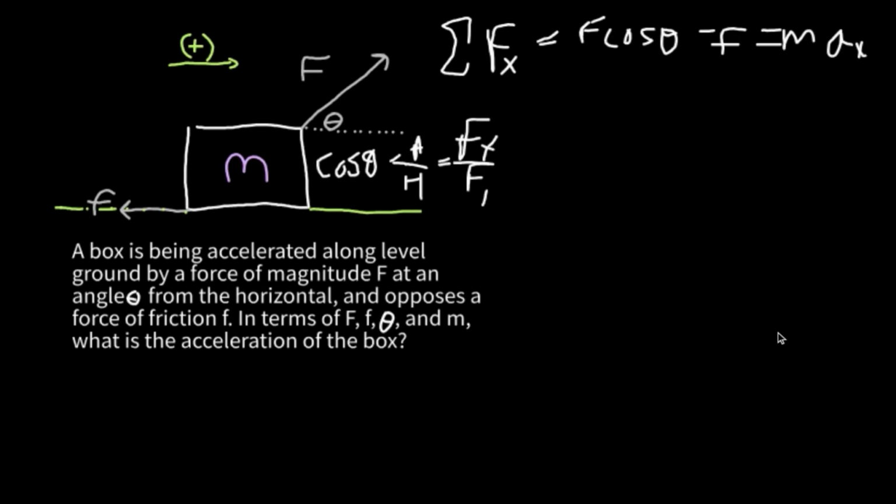direction. If you're not really clear on if we have all the forces, try drawing a free body diagram, right? So that's the center of mass of the box. We've got a force here of F, we've got our friction here, and then you have your normal force and the force of the Earth.